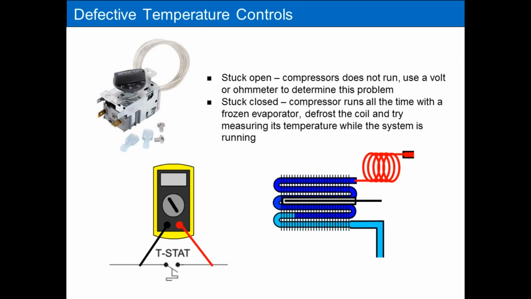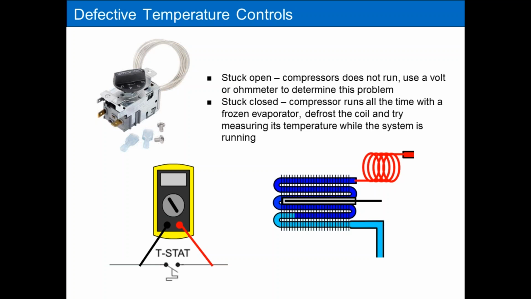Then you have to determine at what coil temperature that unit should be shutting off. 20 degrees, 25 degrees. You're going to have to determine the right coil temperature for that unit to shut off at. Let's say you look up the specs and it's calling for a 20 degree coil temperature, so the unit should be shutting off.